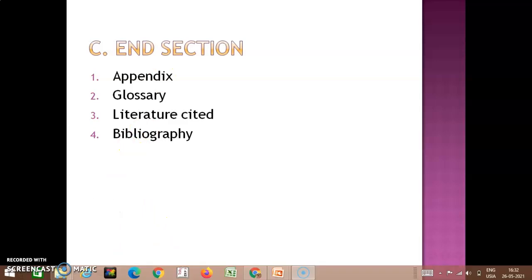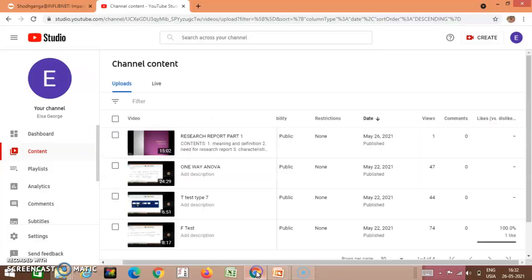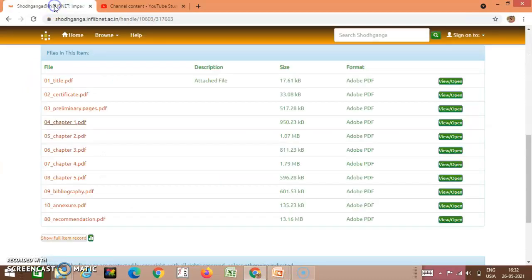Now, I'll take you through a sample research report which is already published in Shodh Ganga. Here we can see the title page, the title section.